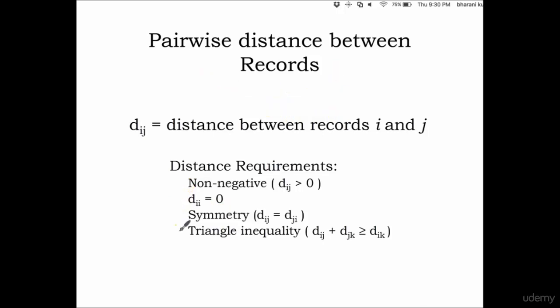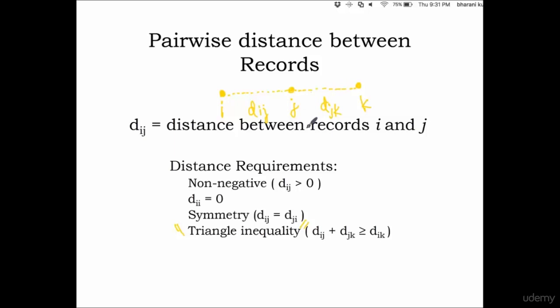Also, we have a triangular inequality that we need to bear in mind. That is, if you have 3 points, I, J, and K, the distance between I and J, Dij, plus the distance between J and K should always be greater than or equal to Dik.